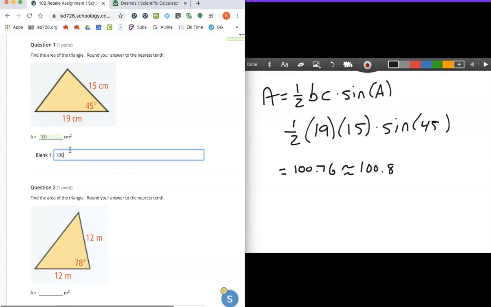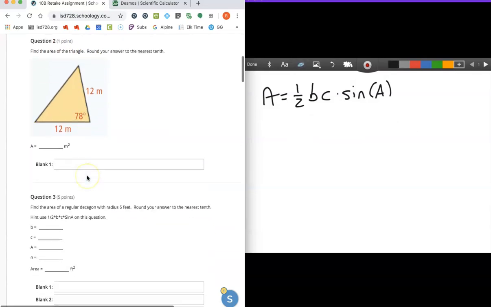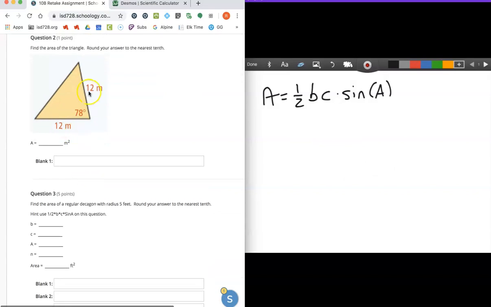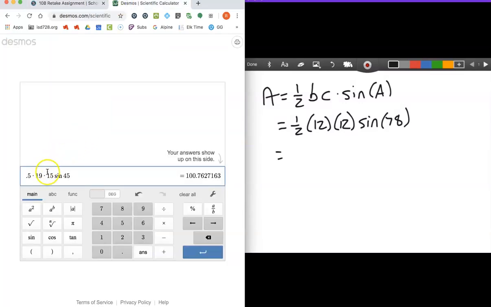Second one is the same exact setup, so we just need to back up to our plug-in step and then go back to the calculator. So B and C are both 12 in either order. So I have 1/2 times 12 times 12 times sine of, this time, 78. Calculator: 1/2 times 12 times 12 times sine of 78.